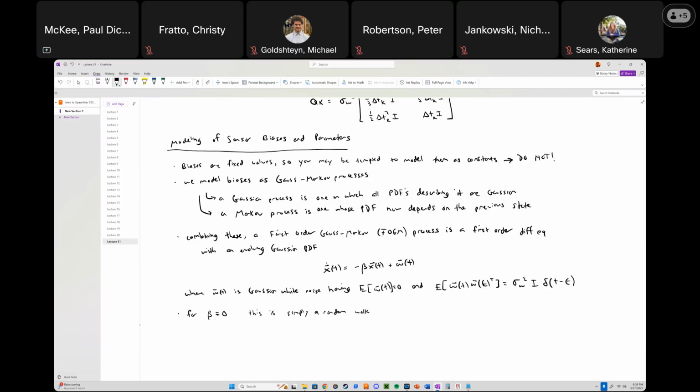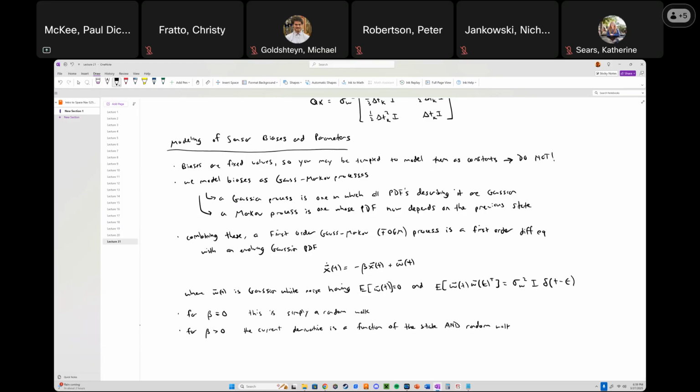Okay, for beta a positive number, then the current derivative is a function of the state and random walk.